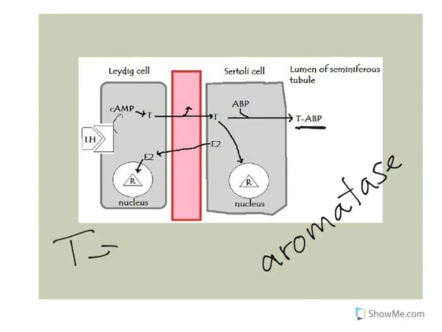So testosterone is going to be converted to beta estradiol by the Sertoli cell, and that beta estradiol is actually also needed for spermatogenesis.